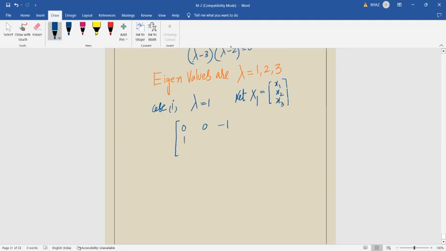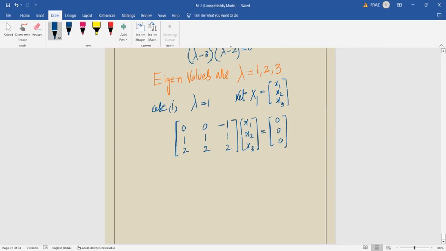This is 1, this is 1, this is 1, this is 2, this is 2, this is 2, into the vector x1, x2, x3 is equal to 0, 0, 0.